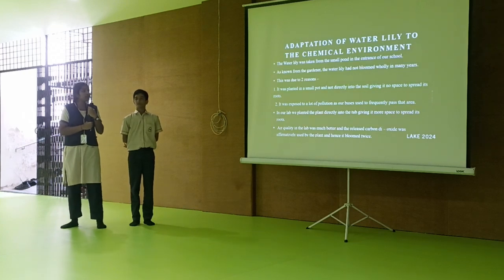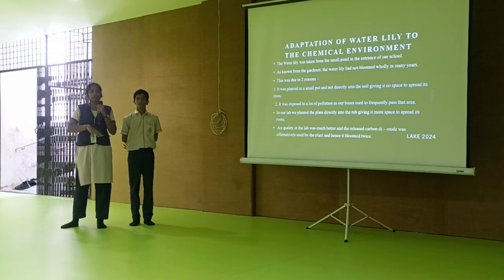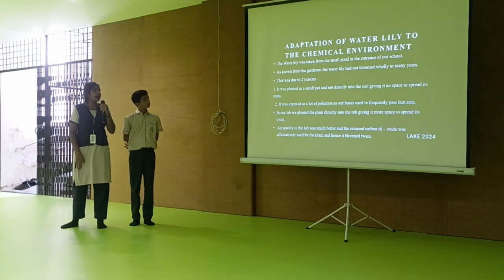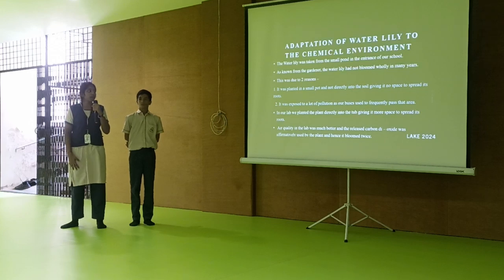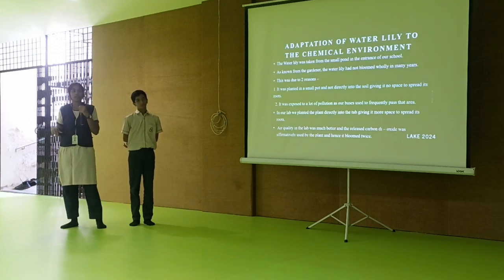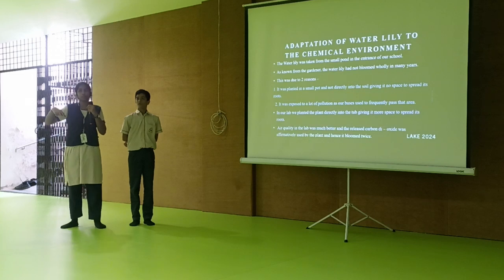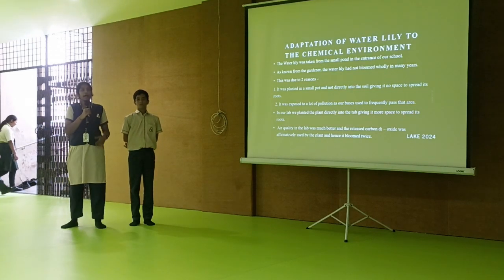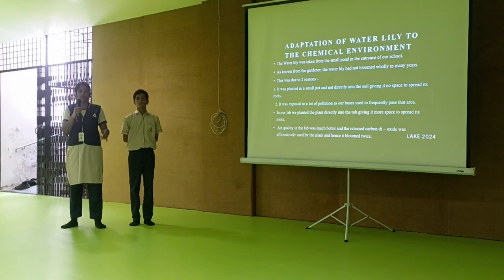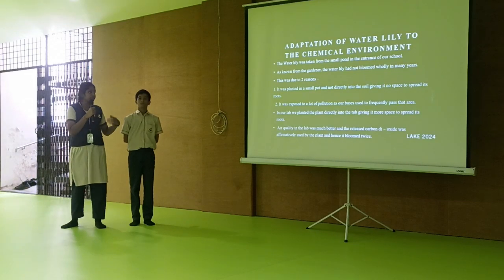Also, as mentioned, the water lily had more space to spread out, and the air quality here in the biolab and in the outside open artificial pond was very different, because over there the buses used to pass and the air is very polluted, and in the biolab the carbon dioxide released by us is sufficient.